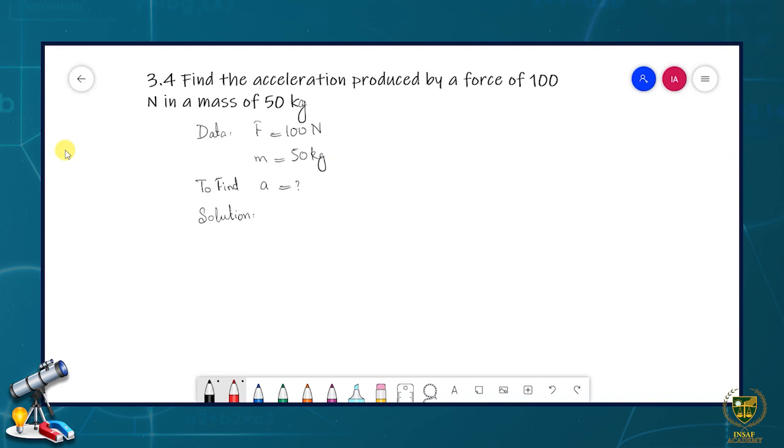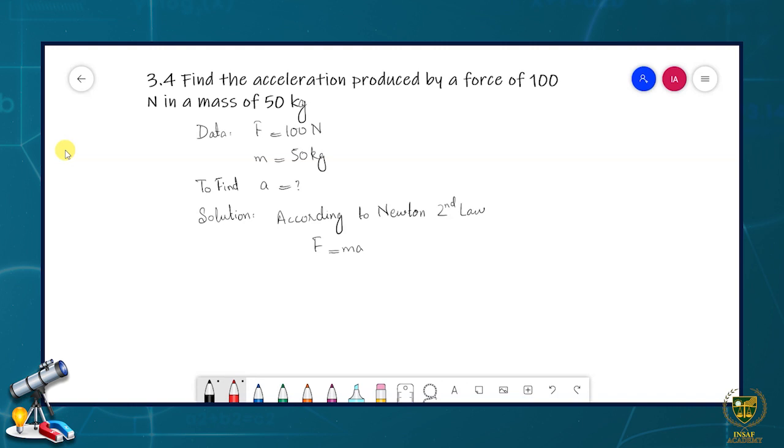So again, according to Newton's second law, which is F is equal to ma.